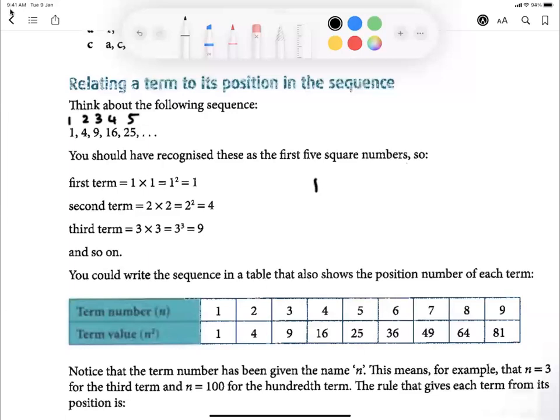So the first number is 1. Second number is 4. Third number is 9. Fourth number is 16. So the relationship between these two numbers is basically that I take the position and I square it.